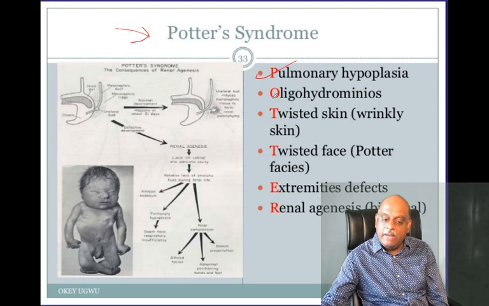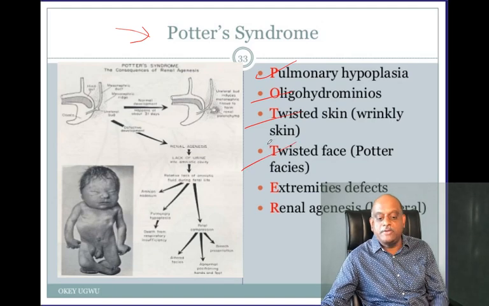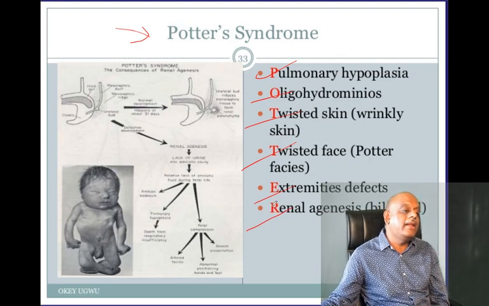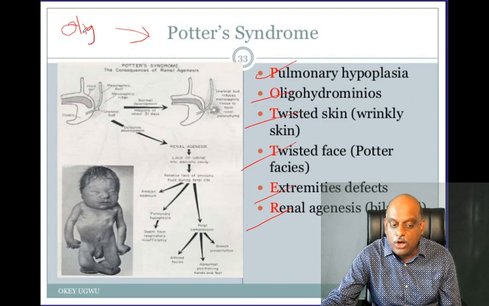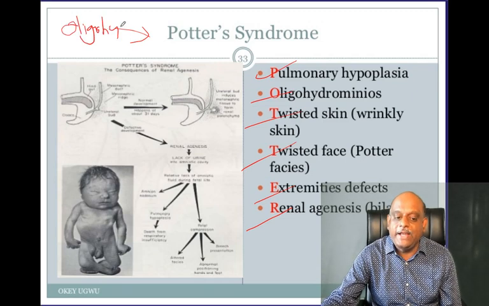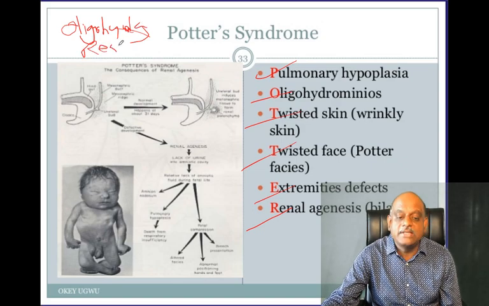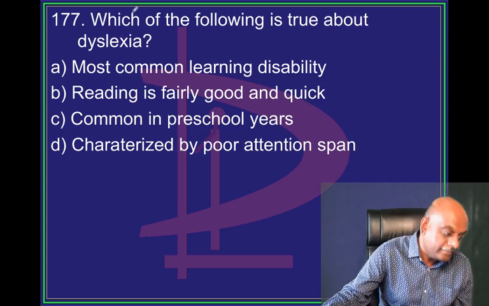P, pulmonary hypoplasia. O, oligohydramnios. T, wrinkled skin, that is twisted skin. T, twisted face, Potter's facies. Then E, extremities defect. And R is the renal agenesis. So common MCQ asked in the exam is oligo, not poly, oligohydramnios, renal agenesis. You should remember Potter's syndrome.